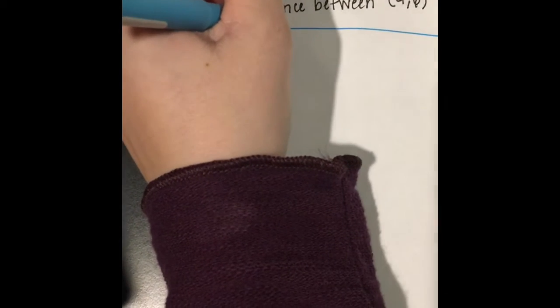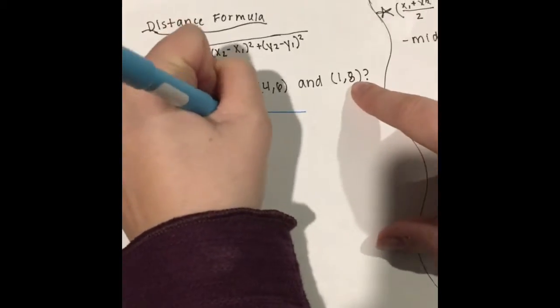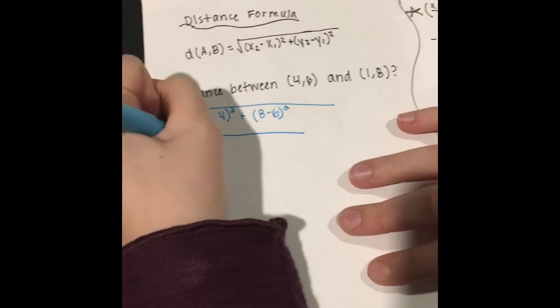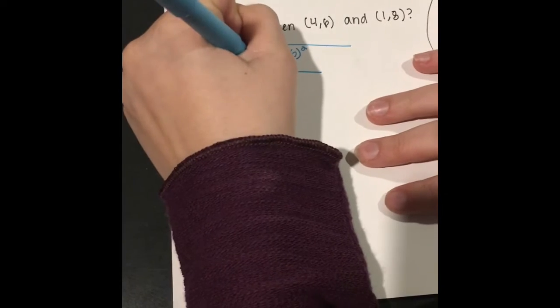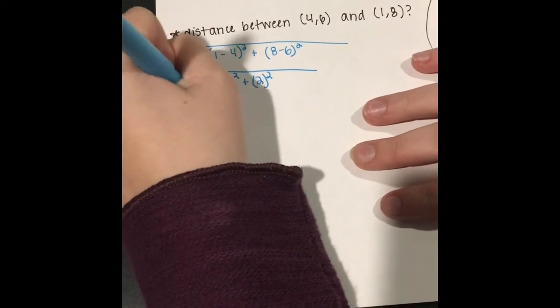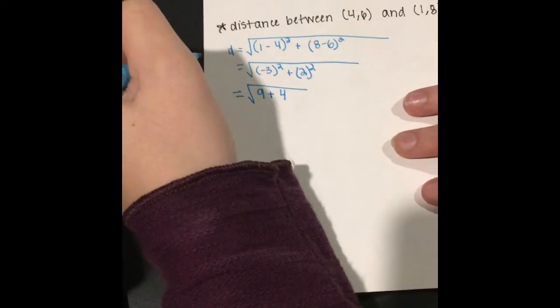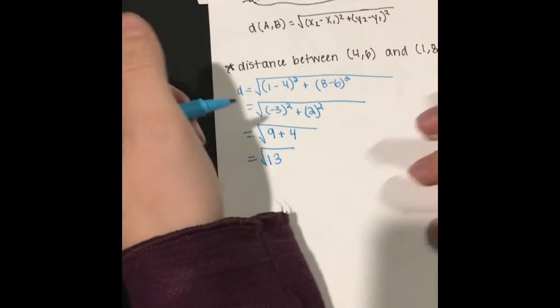So it's the square root of 1 minus 4 squared plus 8 minus 6 squared. This is going to equal the square root of -3 squared plus 2 squared, which is going to be 9 plus 4. And then that will equal the square root of 13.